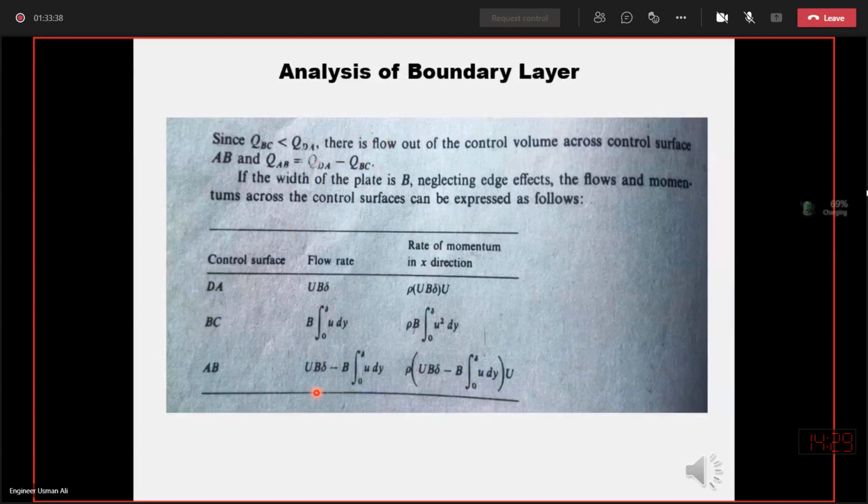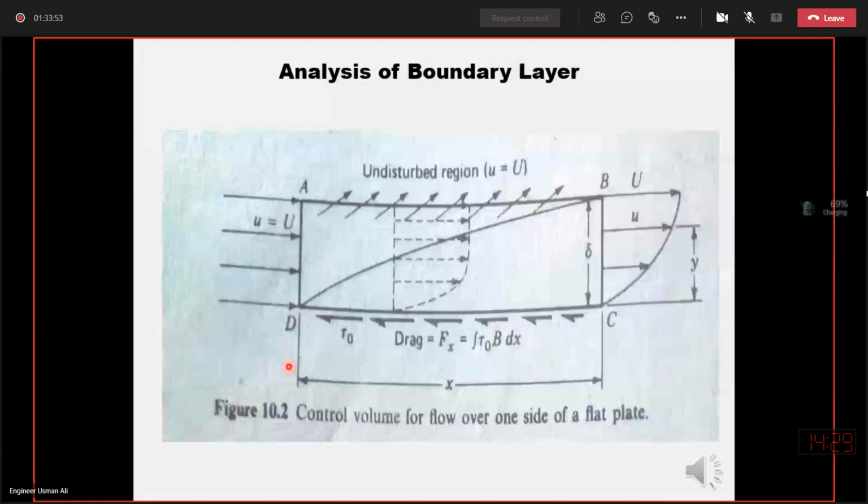That is, V into del is the flow rate at DA, and part of it is leaving from surface BC and part of it is leaving from surface AB. So the flow rate leaving from surface AB is the total flow rate, that is QDA minus QBC. So the same thing we have mentioned over here.